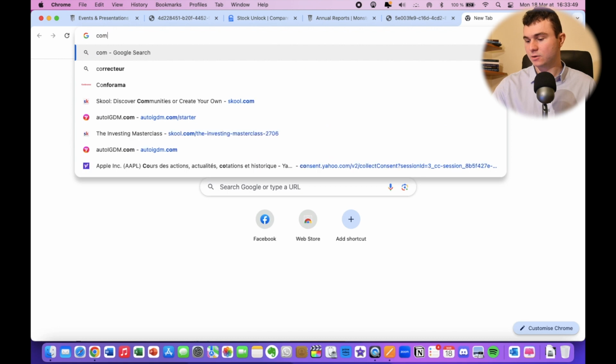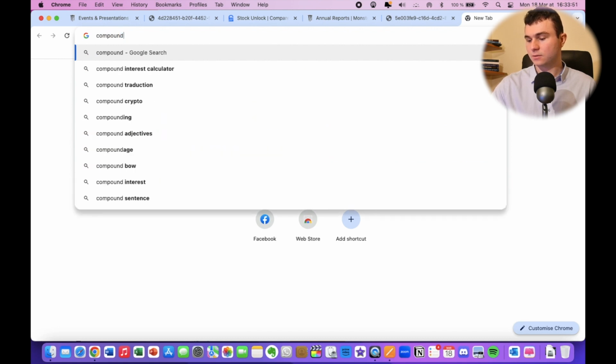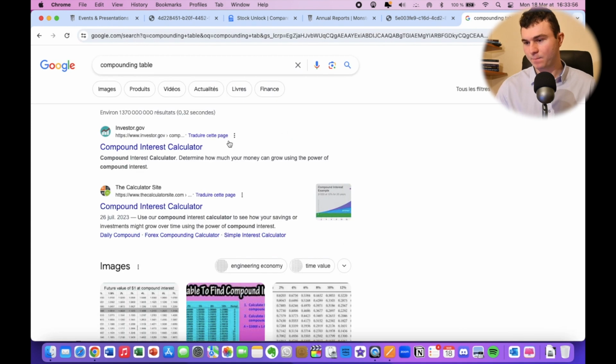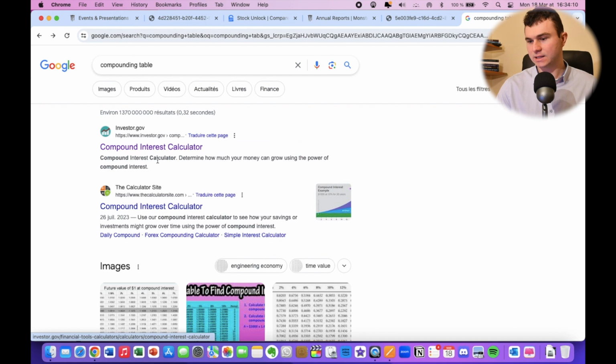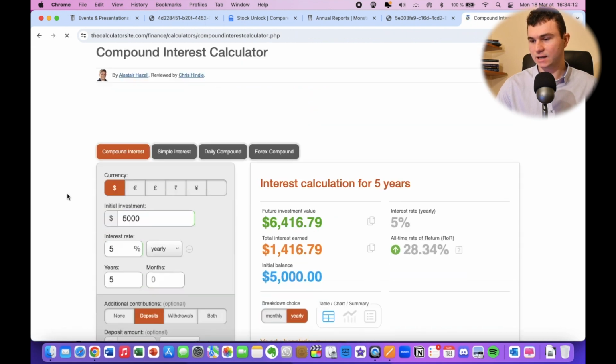So let's do compounding. Let's check a compounding calculator, compounding table if you want to check it out. And if you had invested, I don't know, $1,000, let's check the compounded interest calculator.